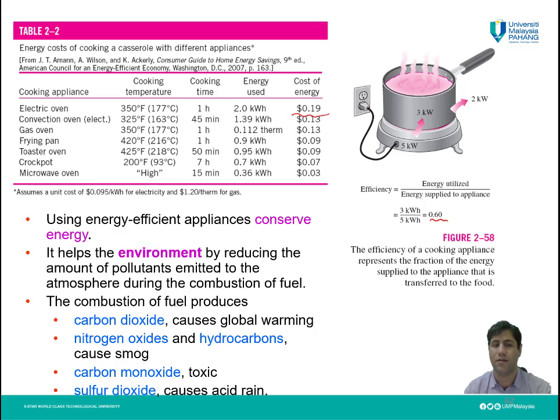So we can choose which one is more efficient to apply for the house. And by this information in the table, you can calculate the energy consumption of different equipment, especially in the kitchen.